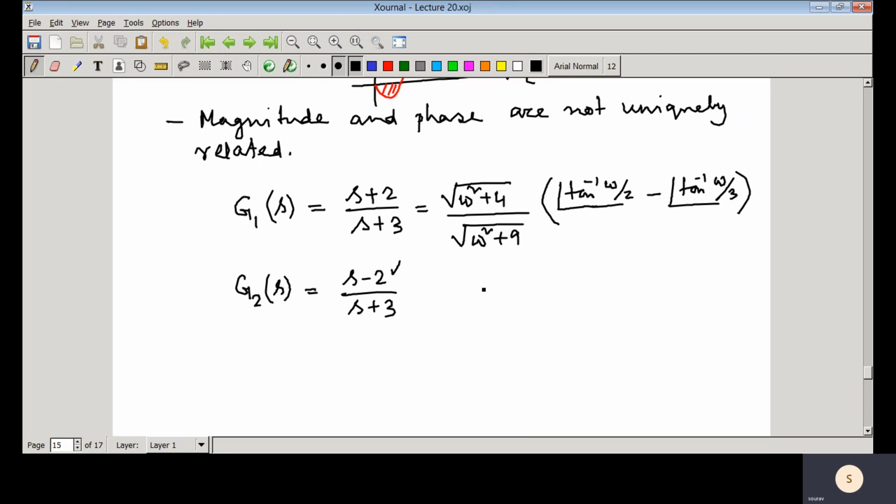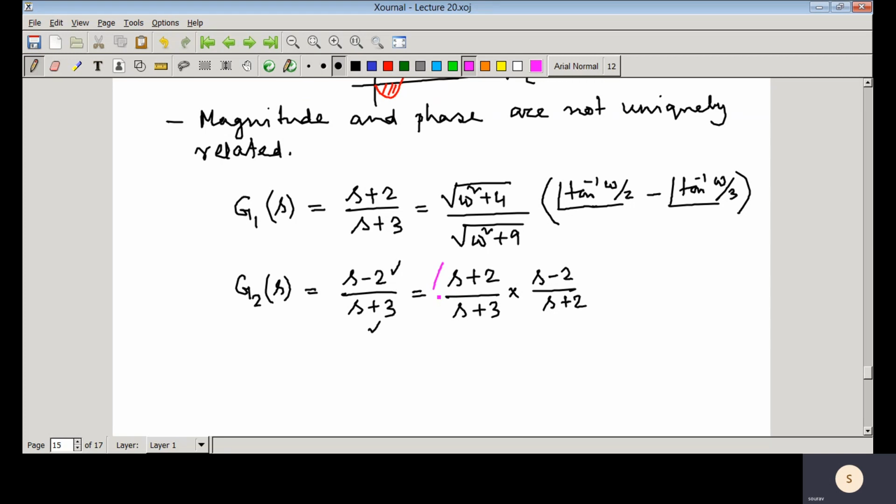But why the name non-minimum phase is given, that we are trying to understand. We can write it as (s + 2)/(s + 3) times (s - 2)/(s + 2).